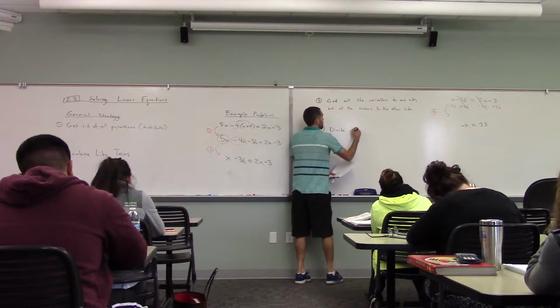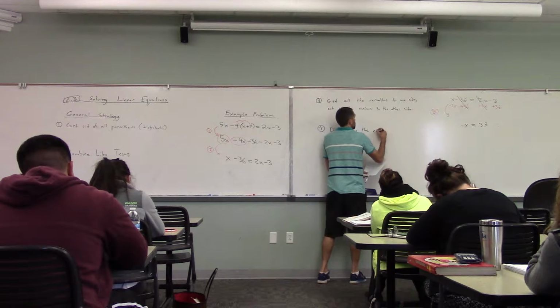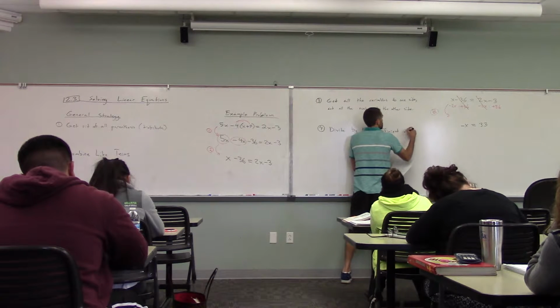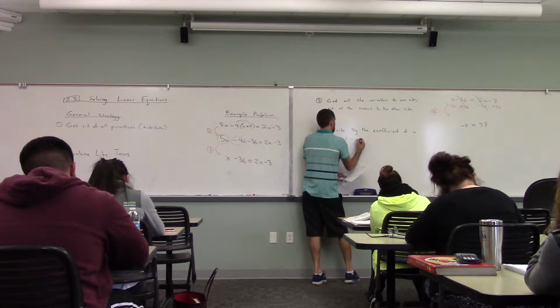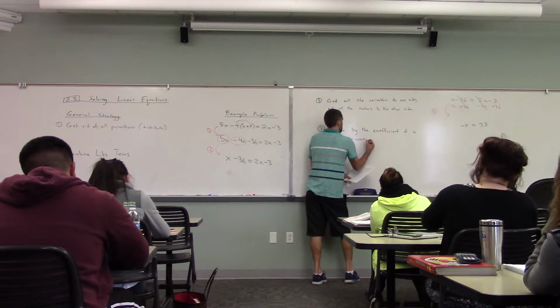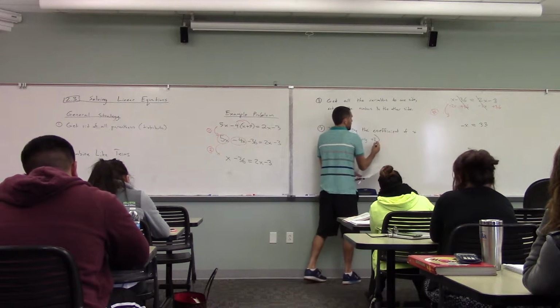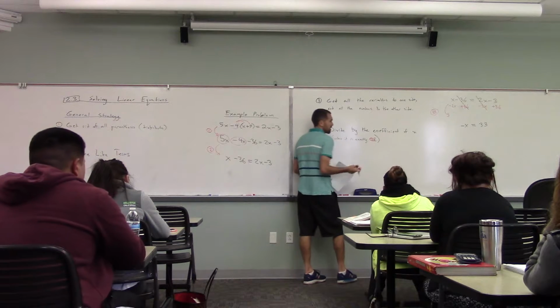And the last step, step 4, is divide by the coefficient of x. I specifically say unless there's exactly positive 1.